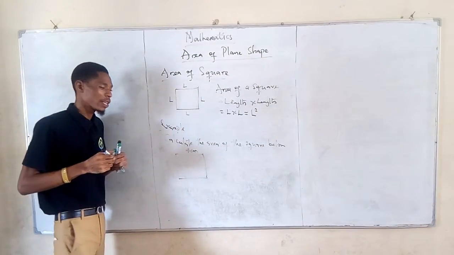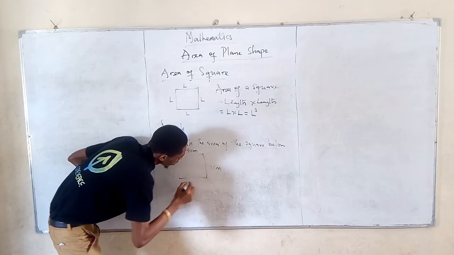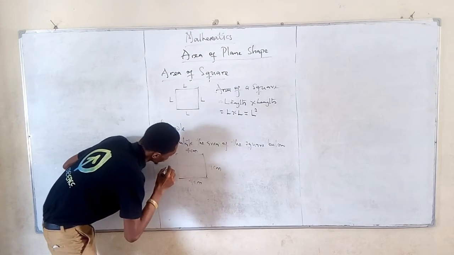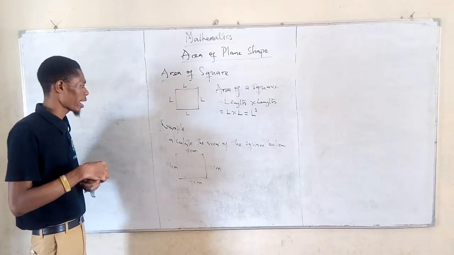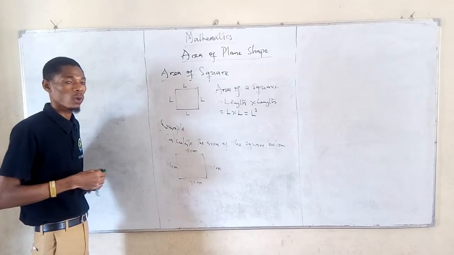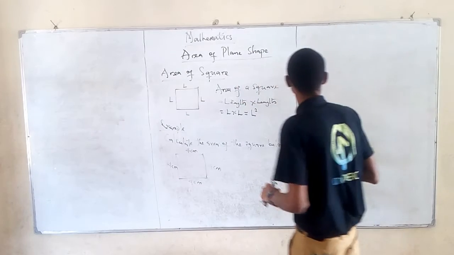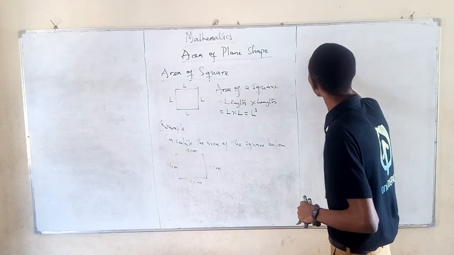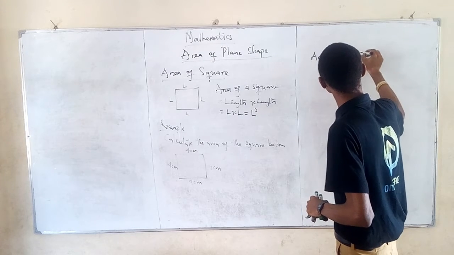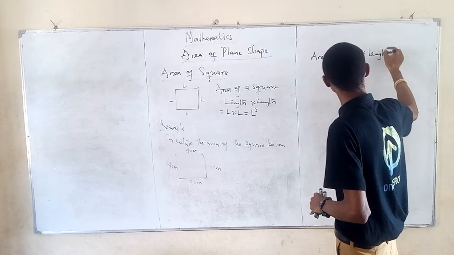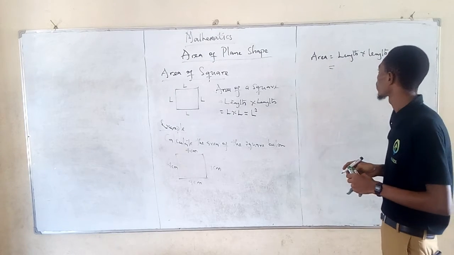If here is 4 centimeter and this is a square, it means here also will be 4 centimeter, here also will be 4 centimeter, and here will be 4 centimeter. Reason being that the square has all its 4 sides to be what? Equal. Okay? So calculate the area of this square with length 4 centimeter. Our area is equal to length times length.